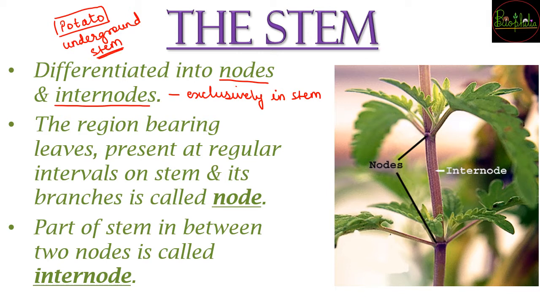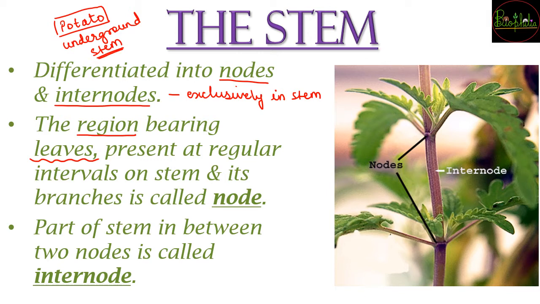So now what are nodes and internodes? A node is the region wherein there are going to be leaves present. So regular intervals पे जब leaves होते हैं, that place where the leaf is going to originate or be present is called a node. You can go and see a potted plant, or go into nature, in the gardens, and see the plants or the branches.